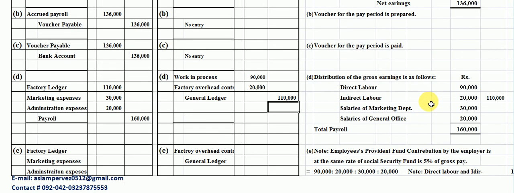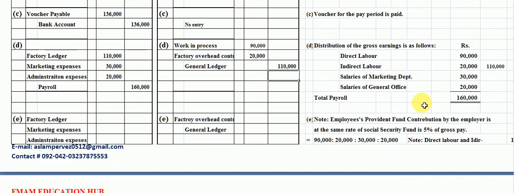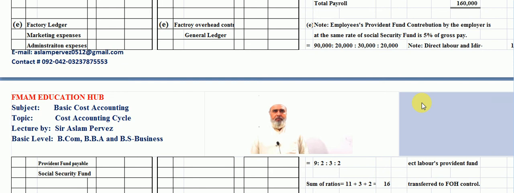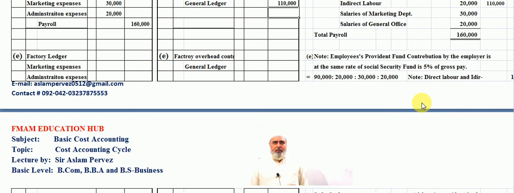For this purpose, we have to apportion in proportion to the payroll distribution: 90,000 rupees from direct labor cost, 20,000 rupees from indirect labor cost, 30,000 rupees from marketing expenses, and 20,000 rupees as admin expenses.